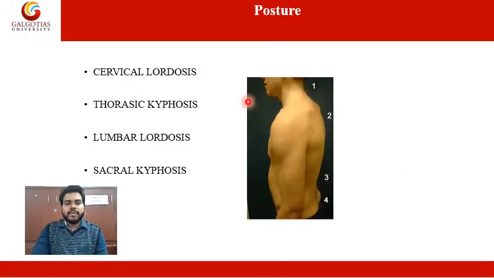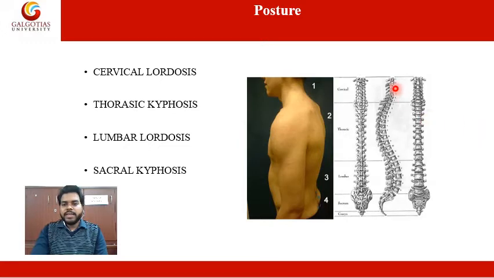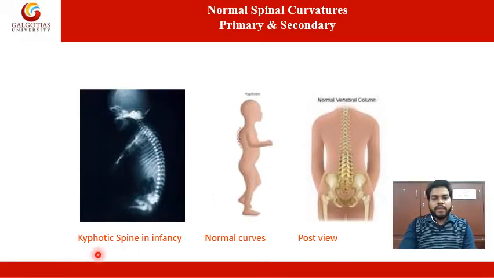In normal posture there is cervical lordosis, thoracic kyphosis, lumbar lordosis and sacral kyphosis. As we know, our cervical vertebrae have lordosis, the thoracic has kyphosis and the lumbar has lordosis. Here you can see in the diagram kyphosis, lordosis and kyphosis. Kyphotic spine in infancy: kyphosis is the primary curvature. When a baby is born, it is born with a kyphotic structure.